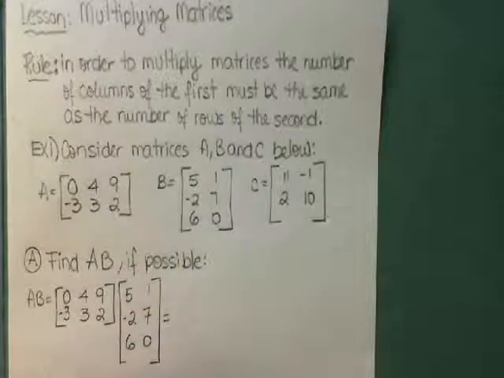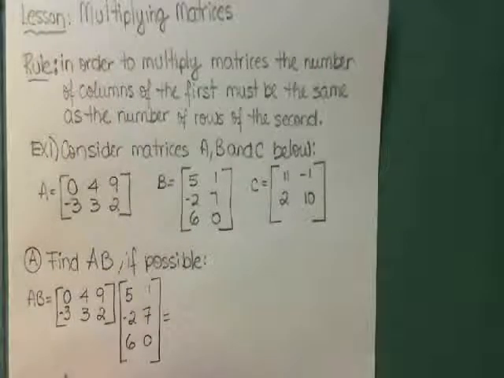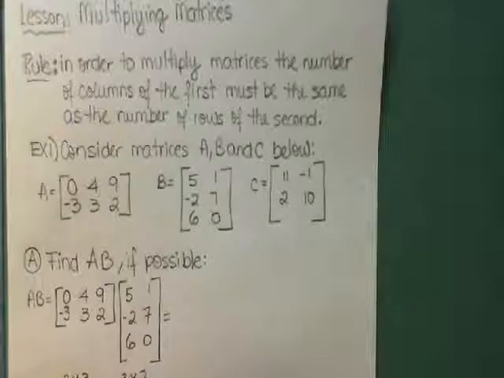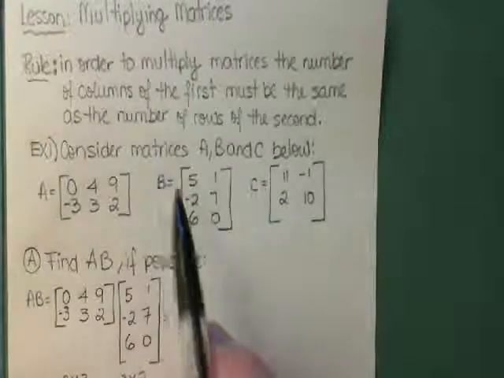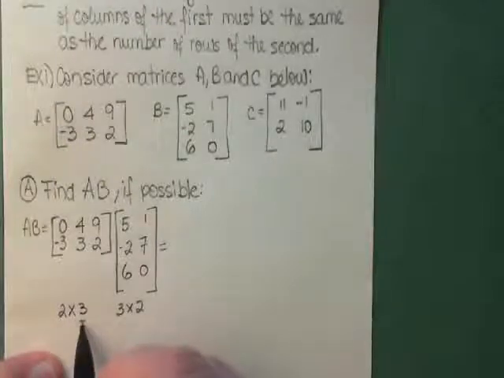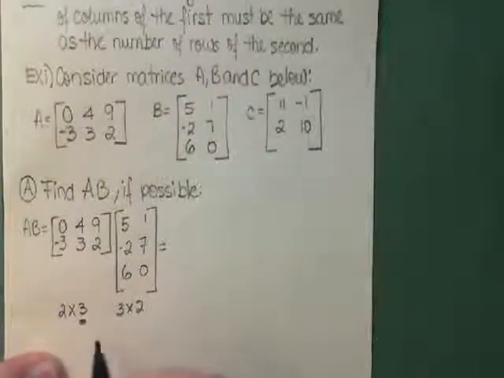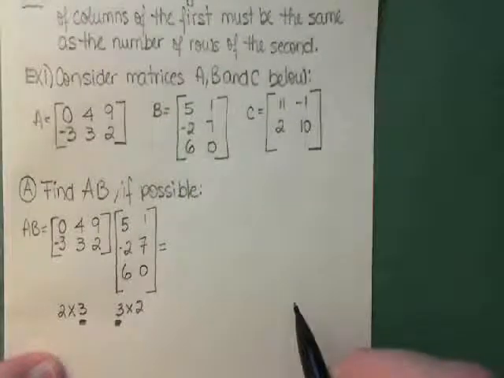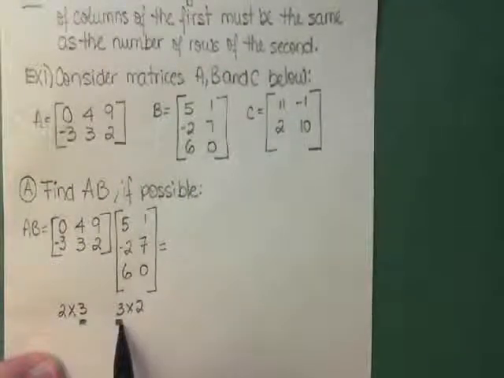Basically what you want to do is write the dimensions of the matrices. So this here will be a 2 by 3, and this would be a 3 by 2. According to the rule above, the number of columns of the first must be the same as the number of rows of the second, and that is true here.